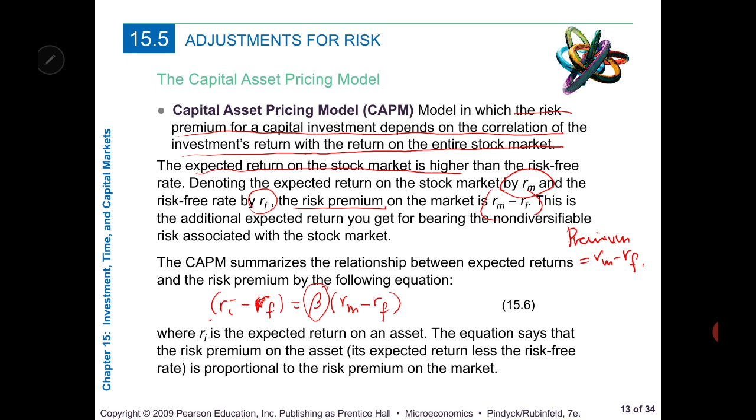It could be 1, it could be 2, it could be 3 times the right hand side, which is RM, the return from the market, minus the risk-free rate. So the equation says that the risk premium on the asset is proportional to the risk premium on the market, and that proportion is reflected by your beta.